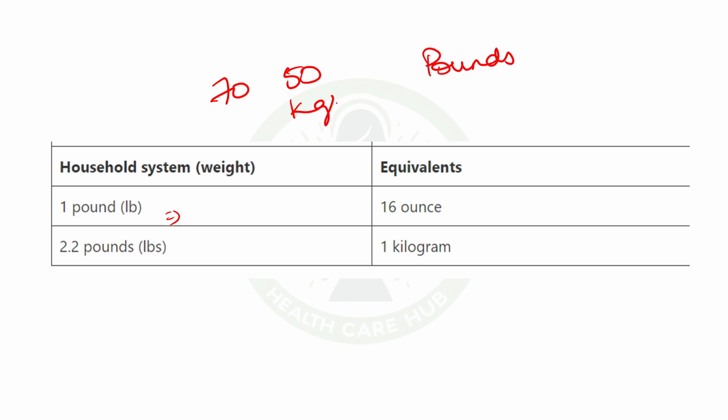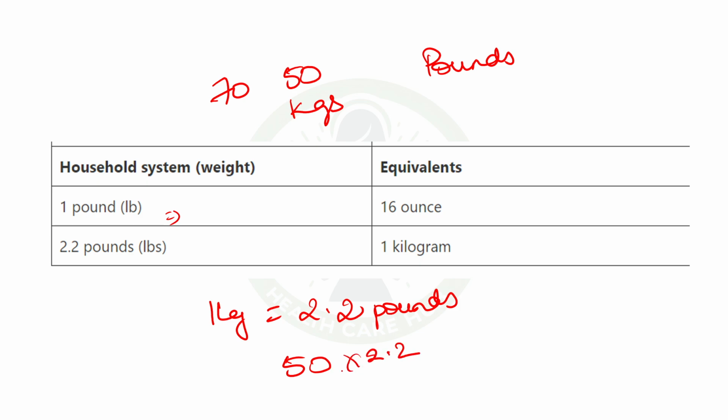So 1 kg is equal to 2.2 pounds, right? If the patient is 50 kg, how are we going to make it into pounds? 50 into 2.2.